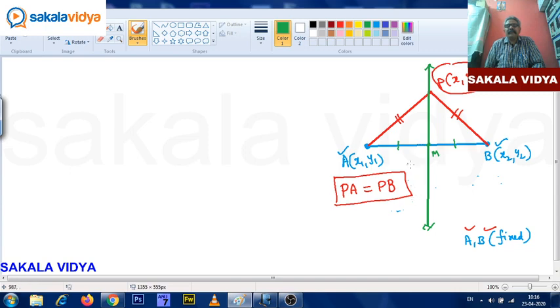This is the perpendicular bisector of AB also. That means the locus of the point such that PA is equal to PB is the perpendicular bisector of AB itself. So we get a straight line in the form AX plus BY plus C equal to 0.